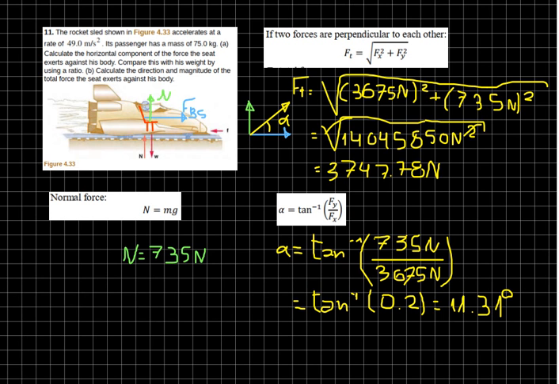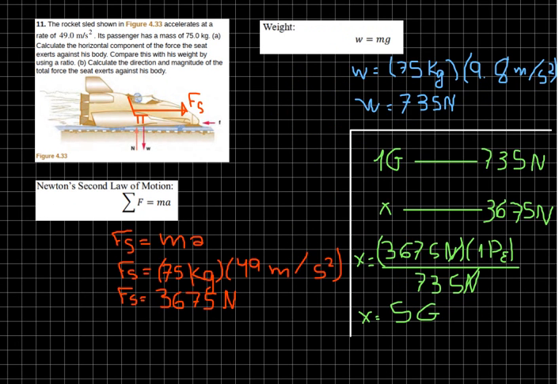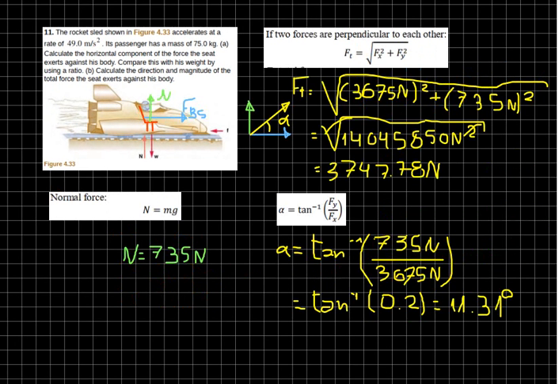The normal force has the same formula as the weight, mass times gravity. We calculated that in part A, so the normal force is equal to 735 newtons.